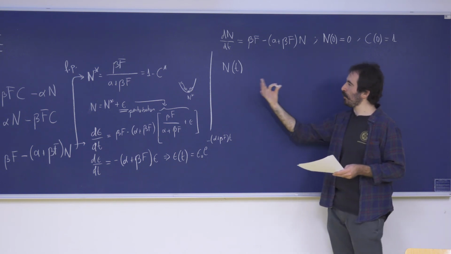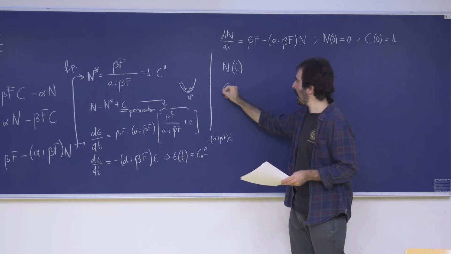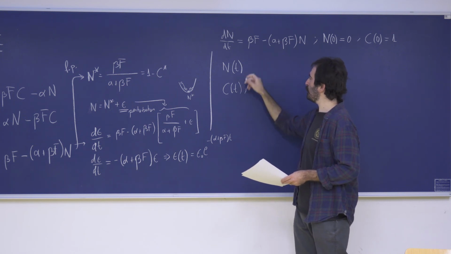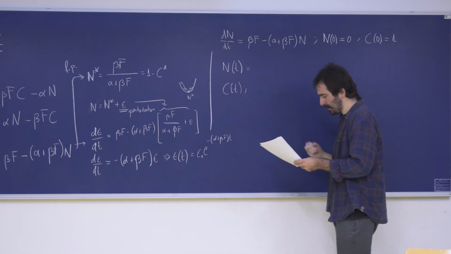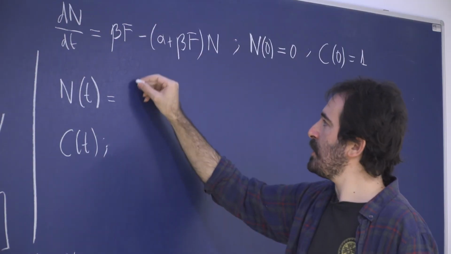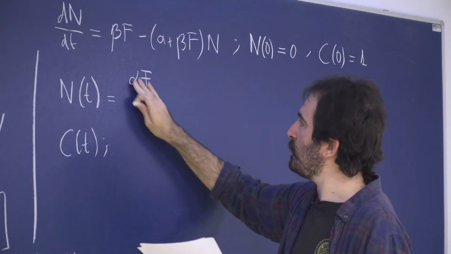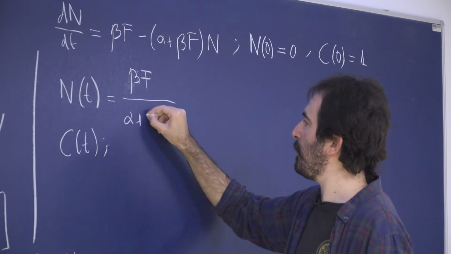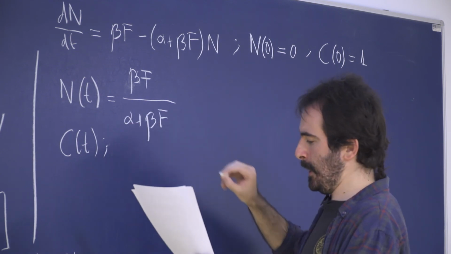In case you want to solve also C of t, I also leave that as an exercise. However, I'm going to give you the solution for n of t. Using these initial conditions, we shall have this, the solution that you should work out step by step.